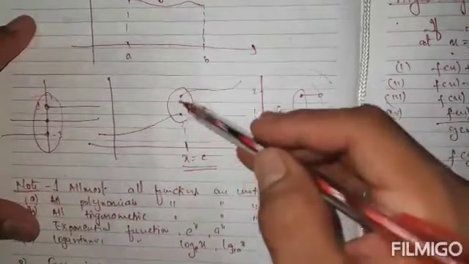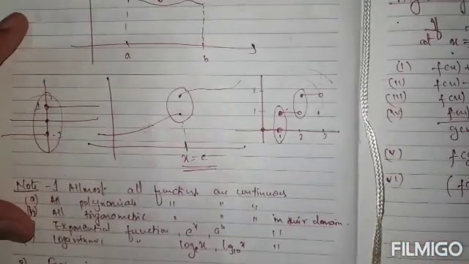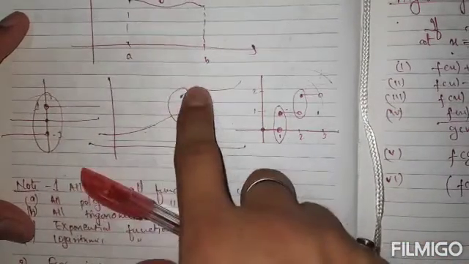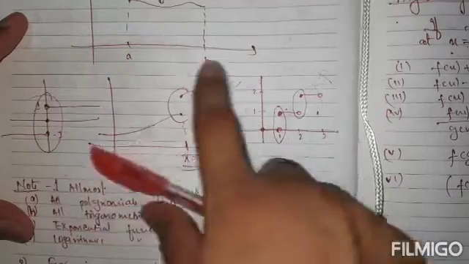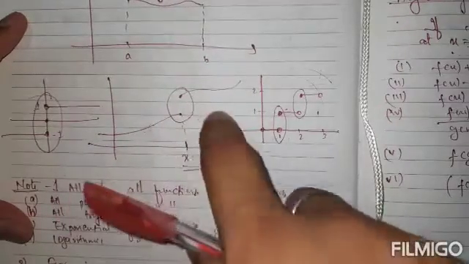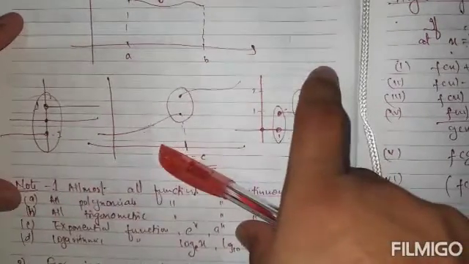So there is a difference of values, means there is a gap. So we can easily examine that this function is not continuous.